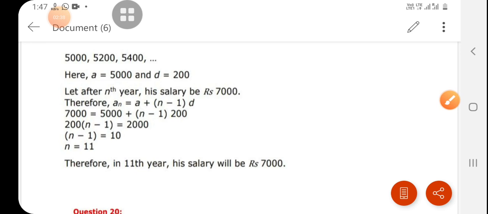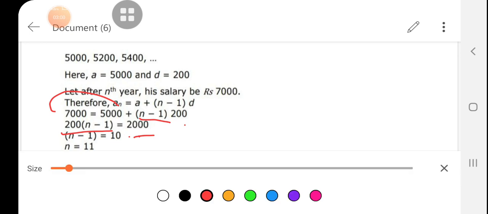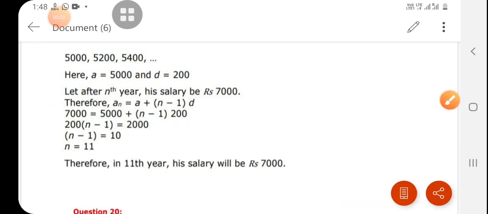Now transpose 5,000. When it is transposed, it will be minus, and 7,000 minus 5,000 will be 2,000, and n minus 1 into 200 will be 2,000. Now in this way you get n minus 1 is equal to 10.